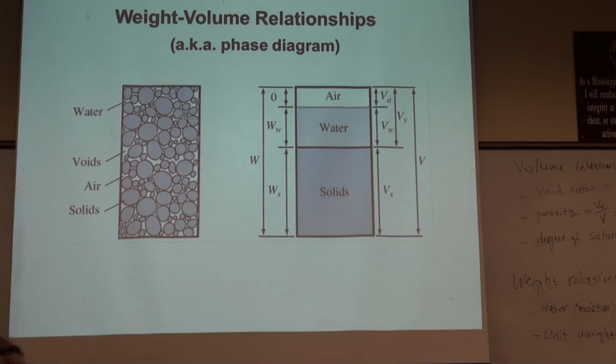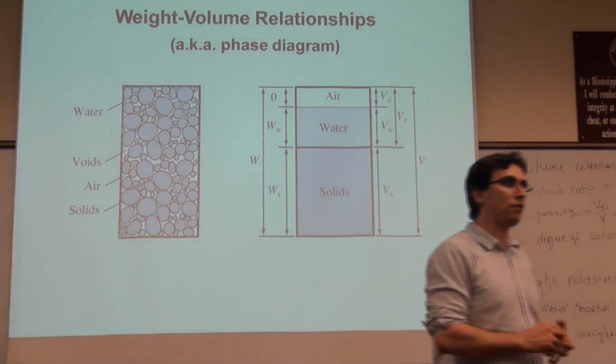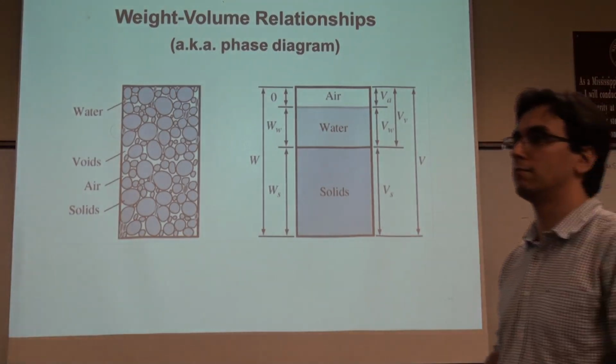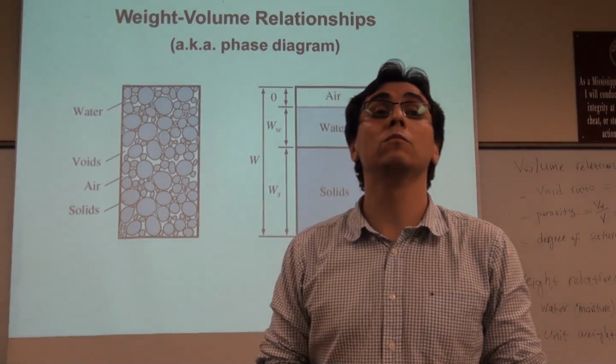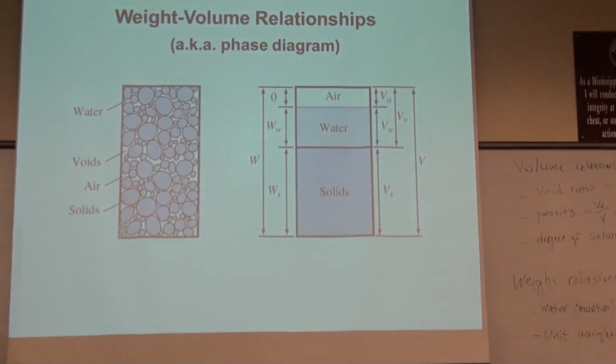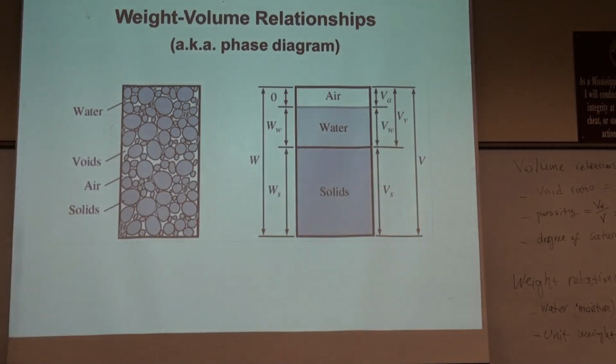Now, to find different volume and weight relationships, usually to make our life easier, we make an assumption. What was the assumption? Volume. Is it total volume or volume of solid? Which one? Total volume. You can assume both; they're different.